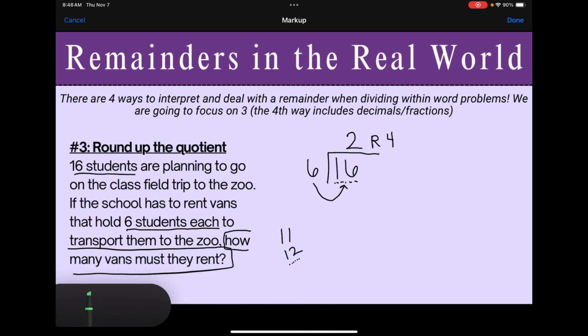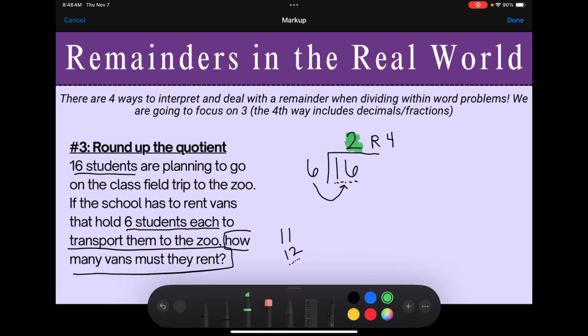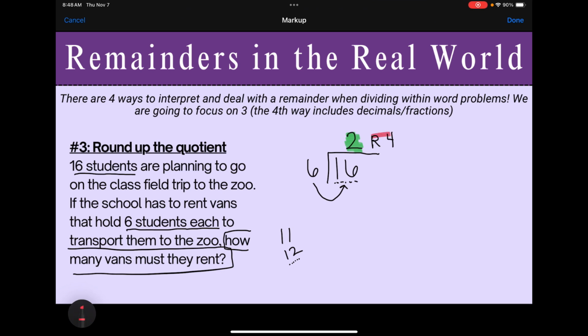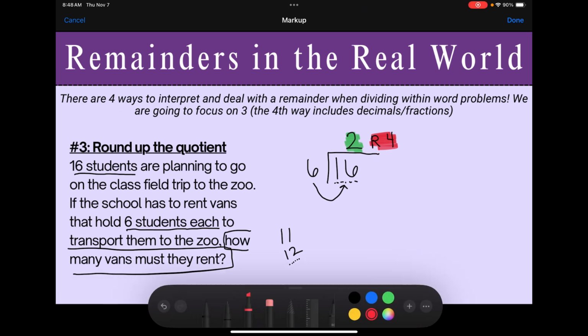Looking at this math answer, looking at my quotient, 2 would mean 2 full vans, because that's my whole number answer. And then the remainder 4 represents the remaining 4 students left over. Thinking about this word problem, would it be fair for only 12 students to go because they filled up 2 whole vans and 4 students to just not go?